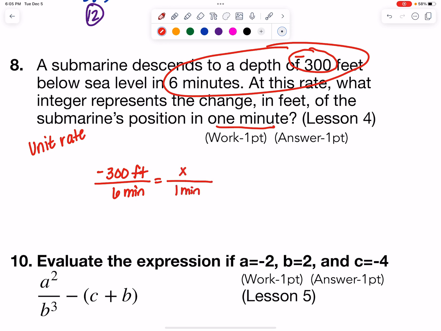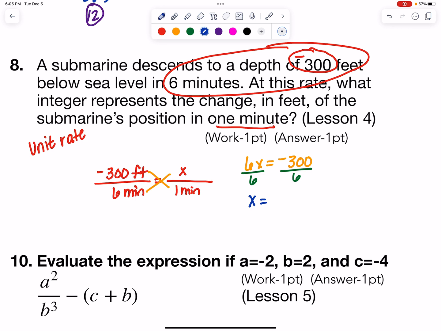Okay, and so x is our feet. We know that to solve proportions, we cross multiply the x first. And so I have 6x equals -300. I want to get x by itself, so we're going to divide both sides by 6. And we're left with x equals, and you can sort of think through this, 6 times what would get me 300?